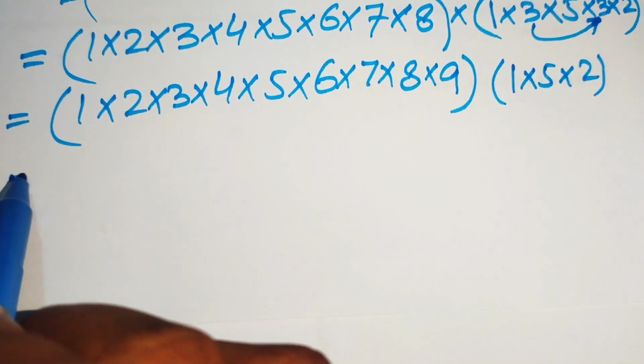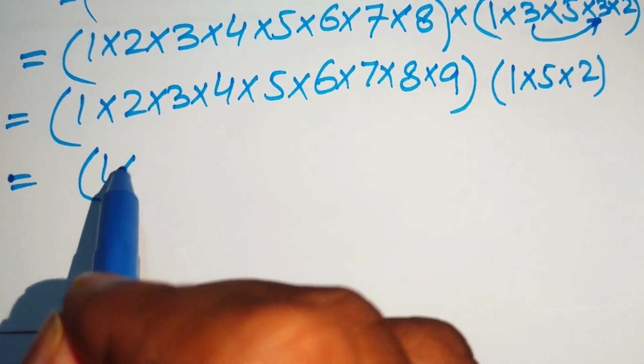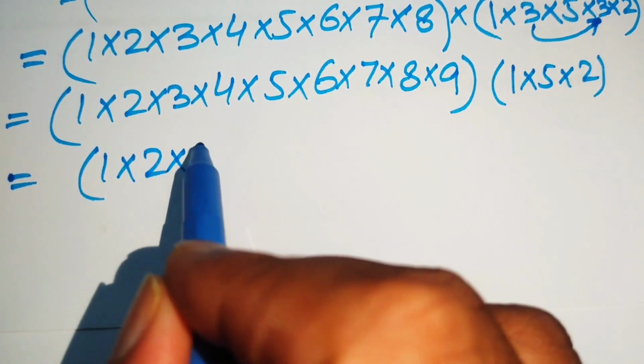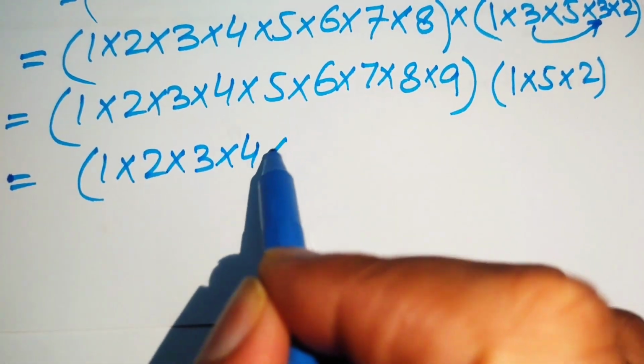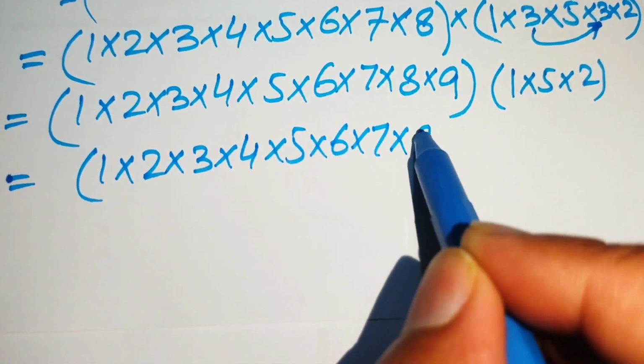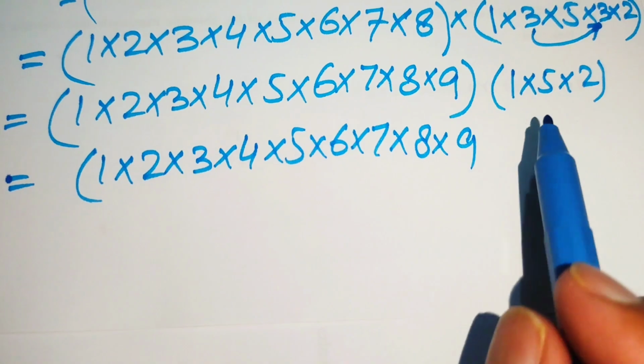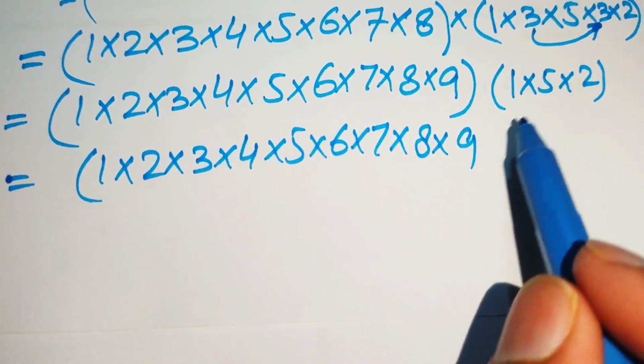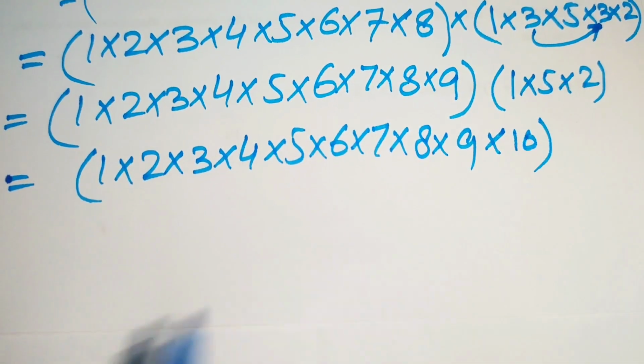Now we again write this term, and we have 1 times 2 times 3 times 4 times 5 6 7 8 and 9. When we multiply this 5 times 2, it becomes 10.